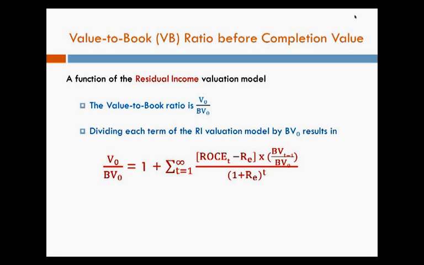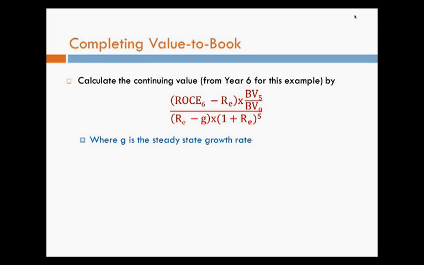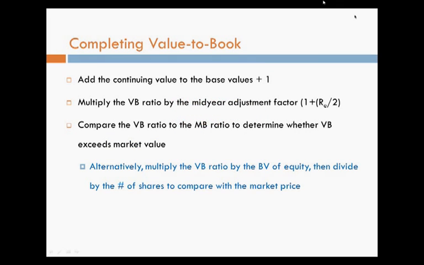Okay? And then it also has a continuing value, as we know, for year 6, perpetual, discounted back. I don't need to tell you how to do it. You can do this, do the mid-year adjustment, etc.